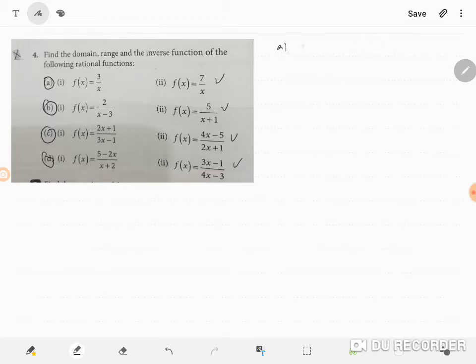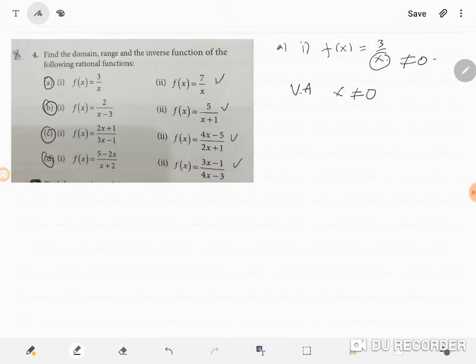So our A: f(x) equals 3 over x. How do you find the domain? The domain means you need to find the vertical asymptote, so the denominator is not equal to 0. You're finding x in the denominator. When you have only x, it means x not equal to 0 is the domain.